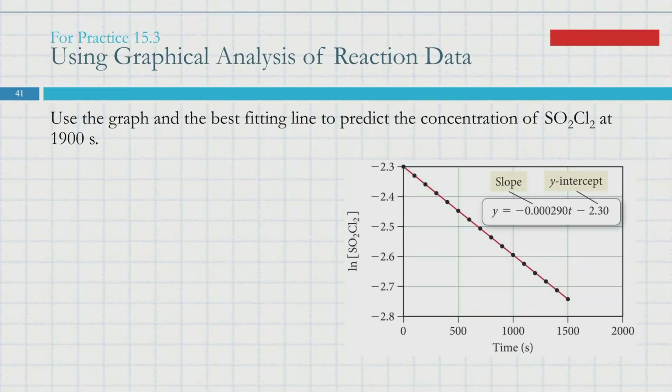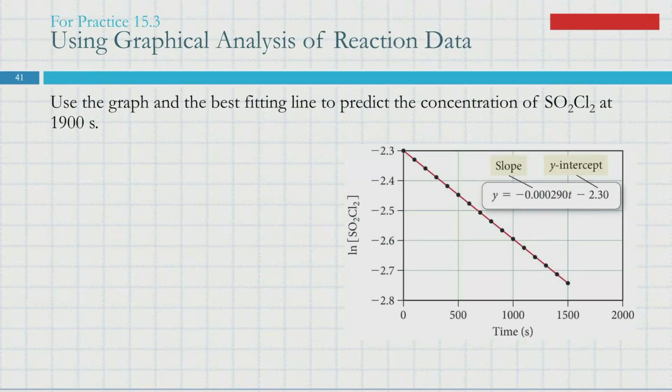Another thing that we can do with this, we can use the graph and the best fitting line, that linear regression line, to predict the concentration at 1900 seconds. It's definitely helpful to remember what the parts of this equation are, but we can actually get it from the graph as well.